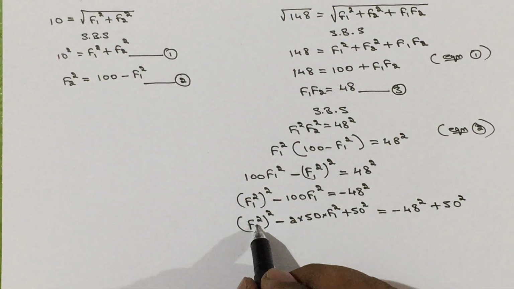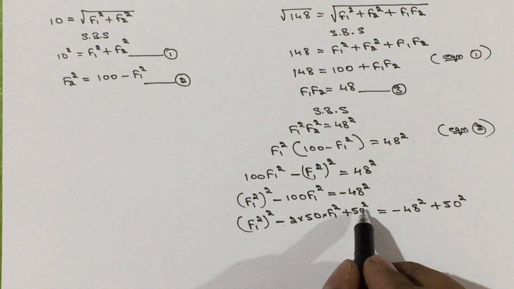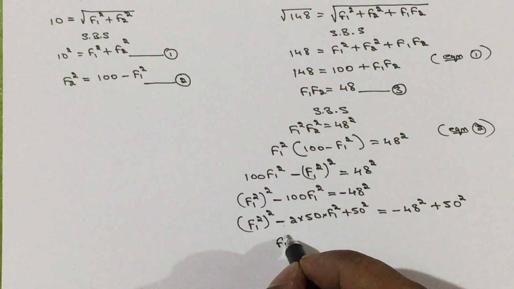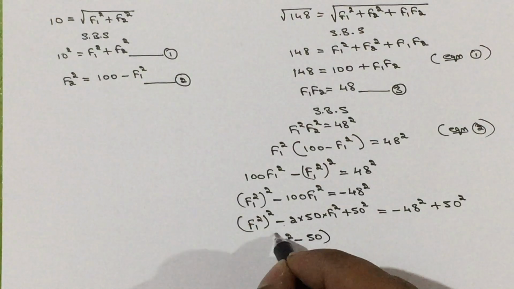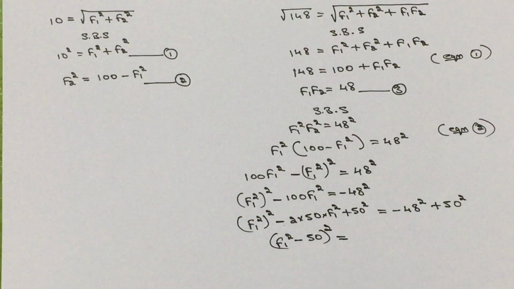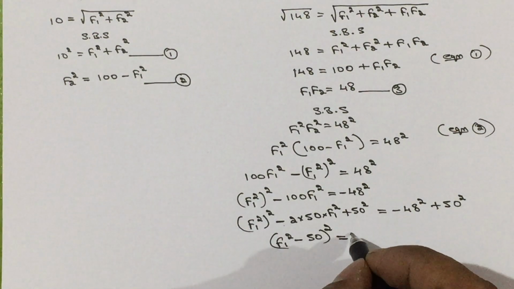This will become a square minus 2ab plus b square. So, we can write this one as F1 square minus 50 whole square, that is a minus b whole square, that is equal to minus 48 square plus 50 square, you are going to get it as 196.